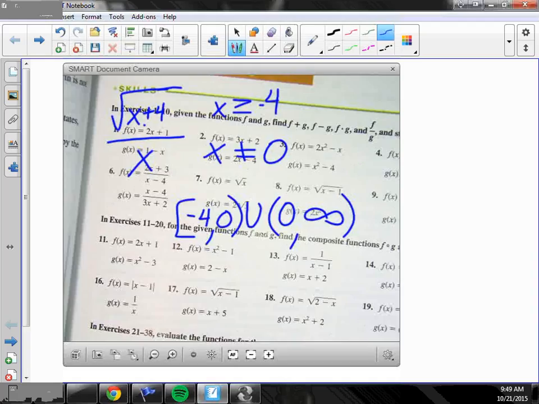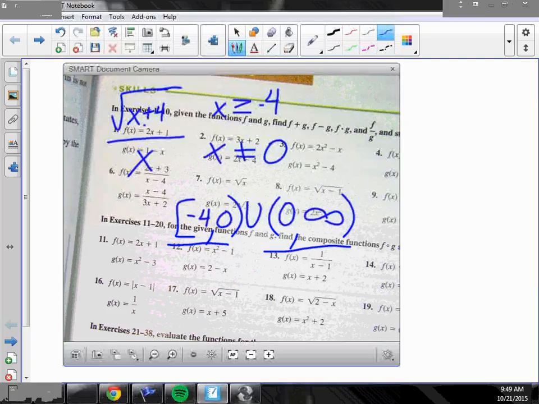Does that make sense? So the top cannot be less than -4, and the bottom is not allowed to be 0. So it's everything from -4 to infinity except 0, but in order to describe that, we have to use 2 intervals to make that work.